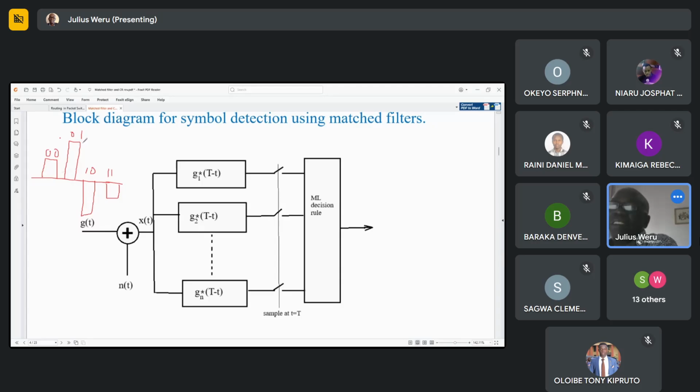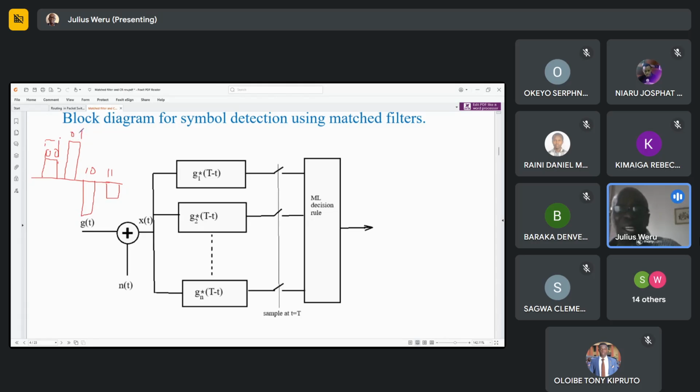But you can see, because of additive noise, if some noise was added to this, the receiver may detect that as 01, which of course will result in a bit error. And again, we are saying bit error.